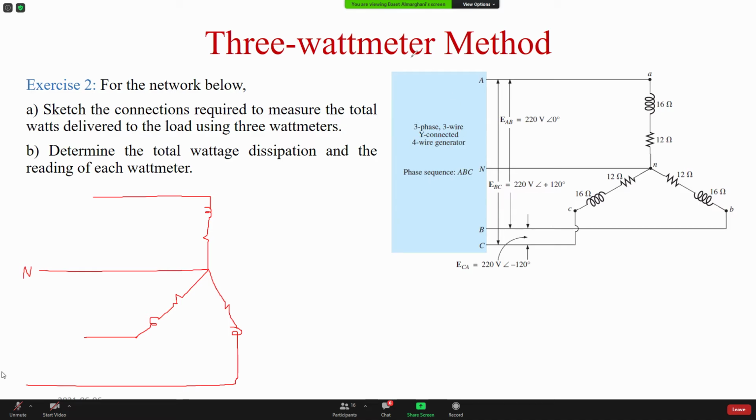Now let's look at how we can connect the wattmeters. First wattmeter, current coil, a voltage coil. The second wattmeter, current coil, a voltage coil.